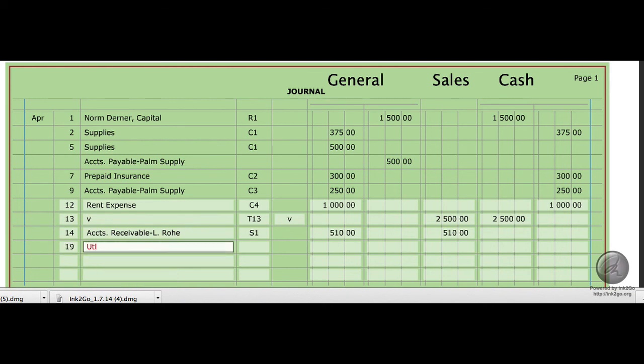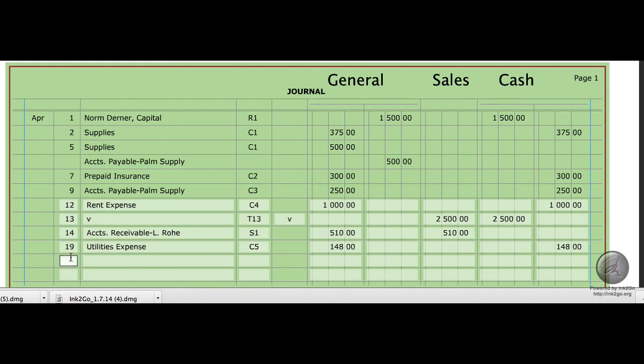I'm going to use utilities expense. I am going to general debit. Remember, debit's always before credit. And I am going to credit $148. So I've done my debit for $148 and my credit for $148. And now my last step there is for the source document is C5.